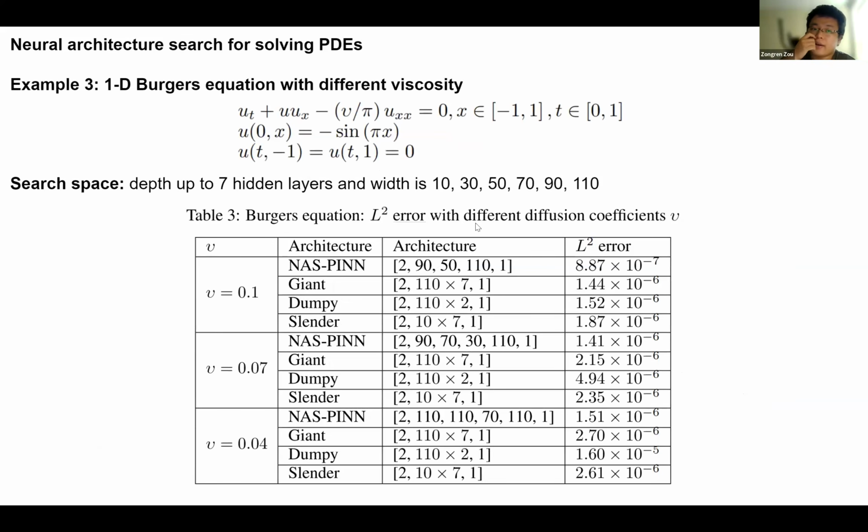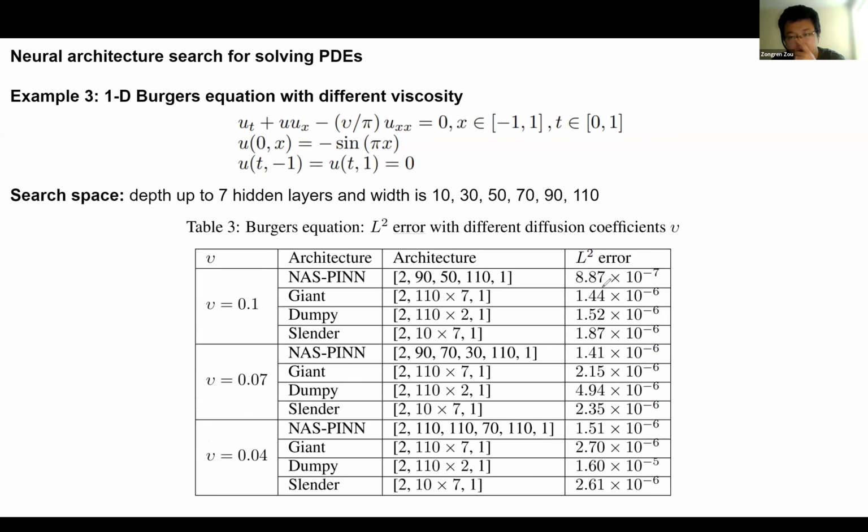The third example is the 1D Burgers equation with different viscosity, and they have the same search space. From here, I do believe that those errors are too small. This is just my conjecture, but I think they forgot to take the square root.